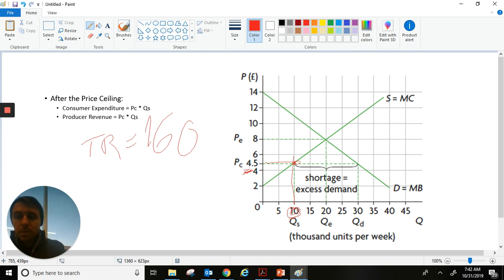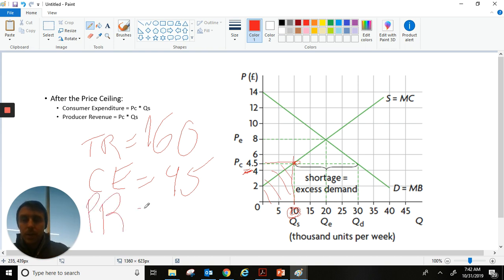So consumer expenditure here, they are only going to be able to spend a total of 45. Now, the government is not taking a tax in this scenario. The government's not providing a subsidy in this scenario. So producer revenue in this scenario is also 45, because they are selling at 4.5 and selling 10.